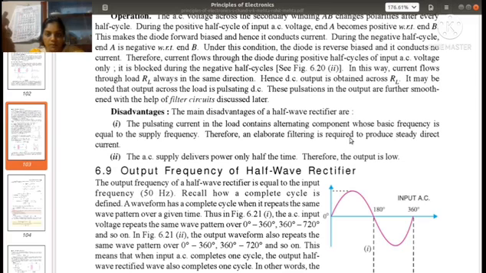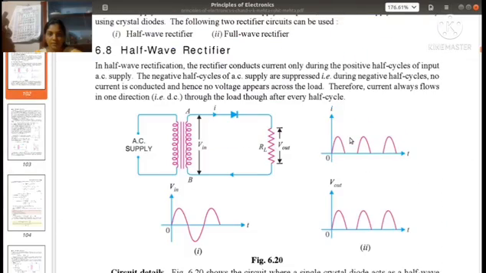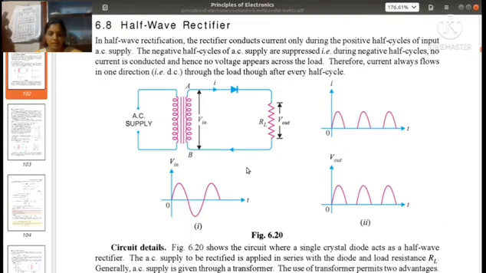These two are the main disadvantages of the half wave rectifier. That's why the name half wave rectifier, that is, only for the half cycle of input we get output at the end.